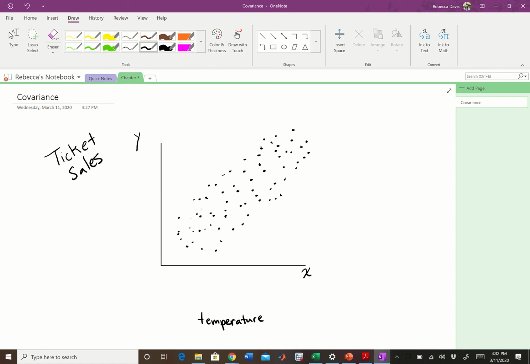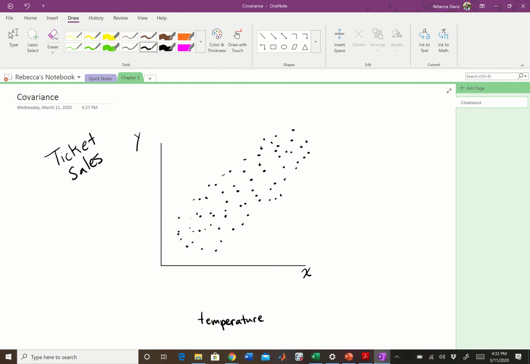It is upward sloping, which is what we discussed. So as temperature increases, going from super cold, like freezing, all the way up to say 100 degrees, your ticket sales for the Texas Rangers should increase as temperature increases, which is what is happening.